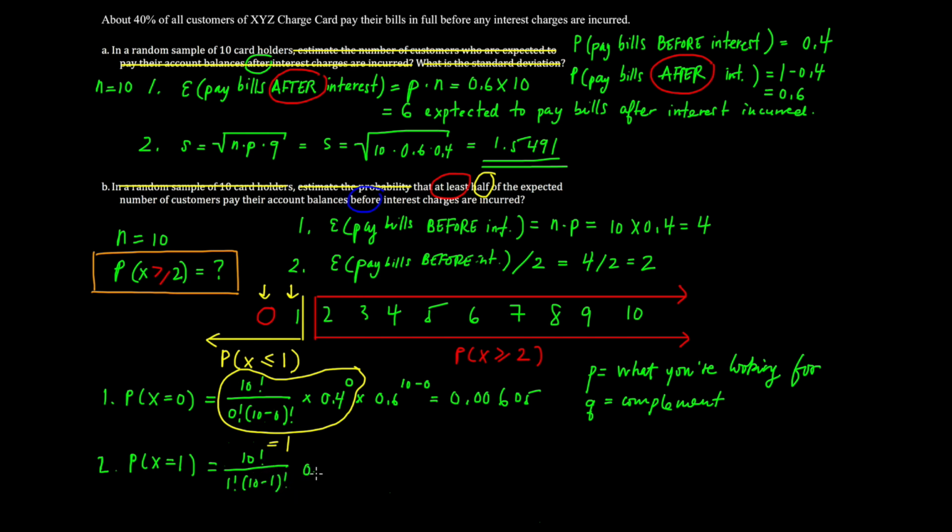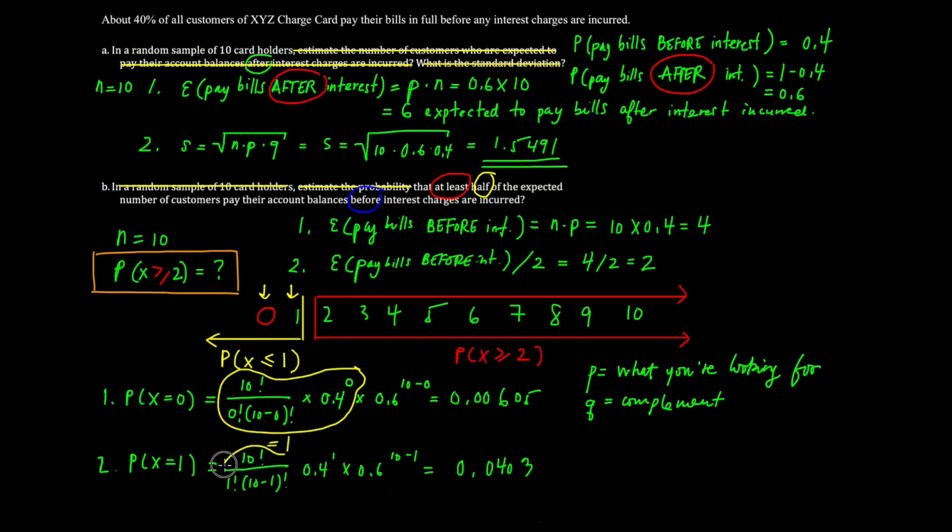My p hasn't changed. 0.4. My x is now a 1. My q hasn't changed, 0.6, but now it's 10 minus 1. Okay? So this is going to give us a total of 0.0403.